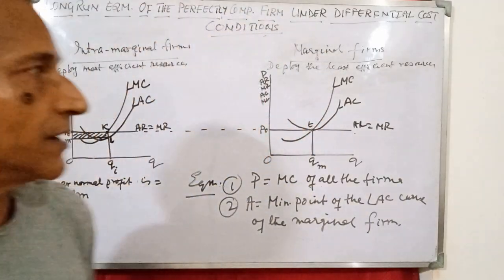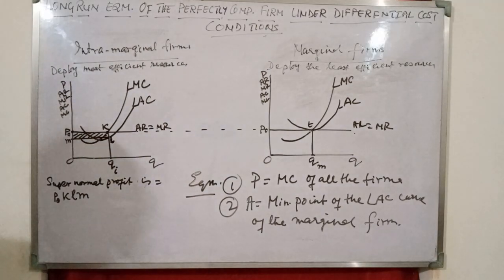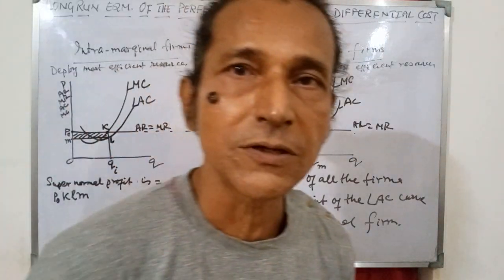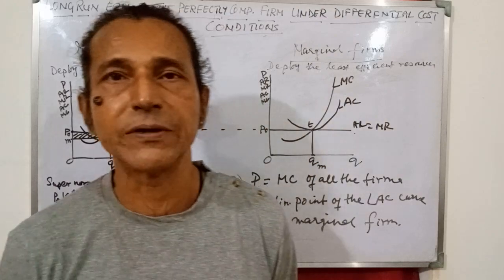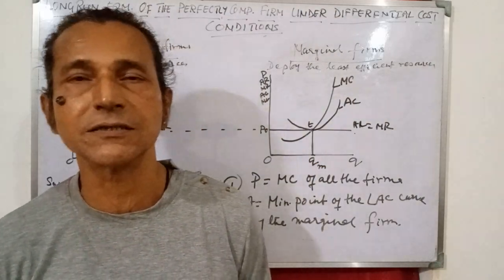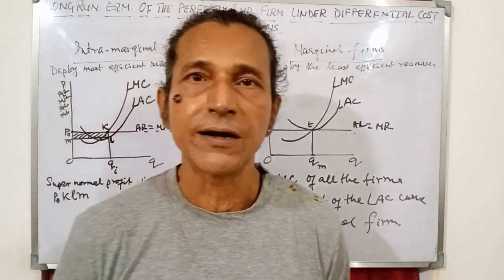Correct? Yeah. So far so good. This is all about long run equilibrium of the perfectly competitive firm under differential cost conditions. I hope this is well understood by you.